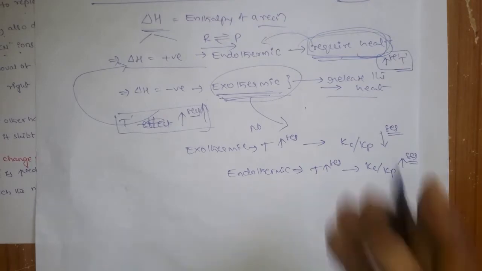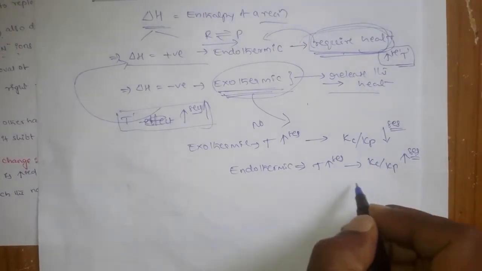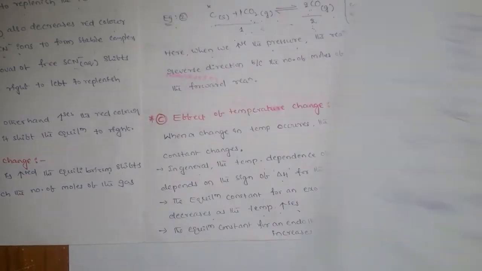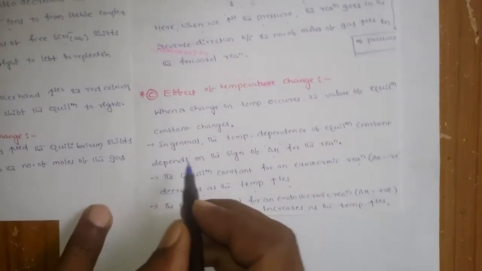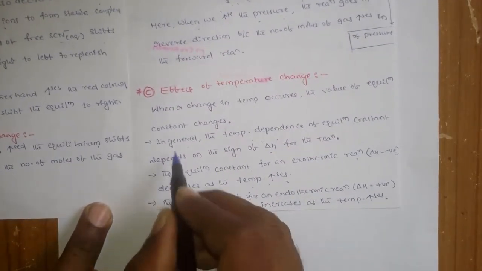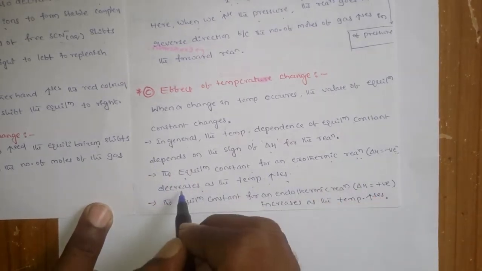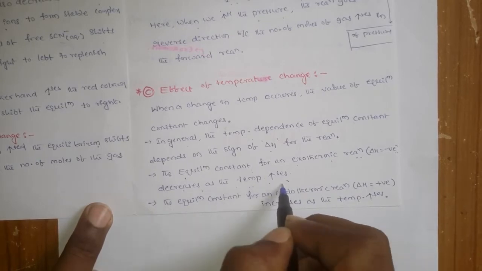The Kc value increases and the product concentrations are increasing. That means the reaction is carrying from left to right, from reactants to the products. So you see, the equilibrium constant for an exothermic reaction decreases as the temperature increases.